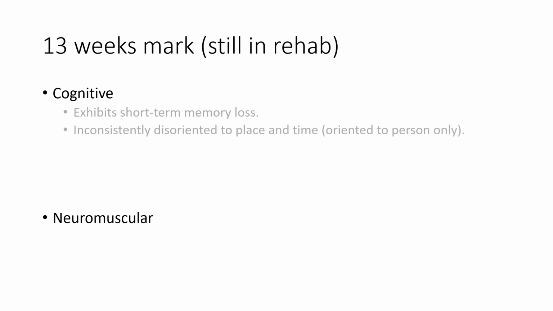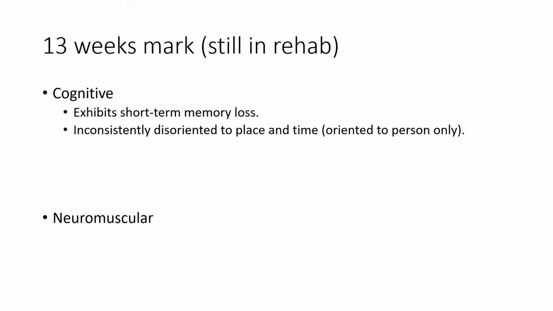So, moving on to the 13-week mark, Marie is still in the rehab setting, but she has made some positive changes in the realm of these different categories. Cognitively, she's able to interact and engage with her environment a little bit more, which is good, but this is also where you might pick up that there have been some changes or differences present.